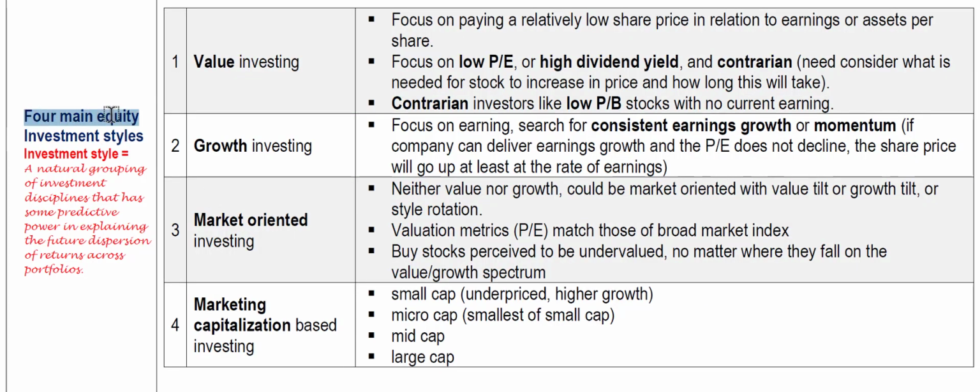There are four main equity investment style strategies. Here we talk about style, which we already discussed before. In terms of strategy, there are actually four: value, growth, market oriented, and market capitalization.